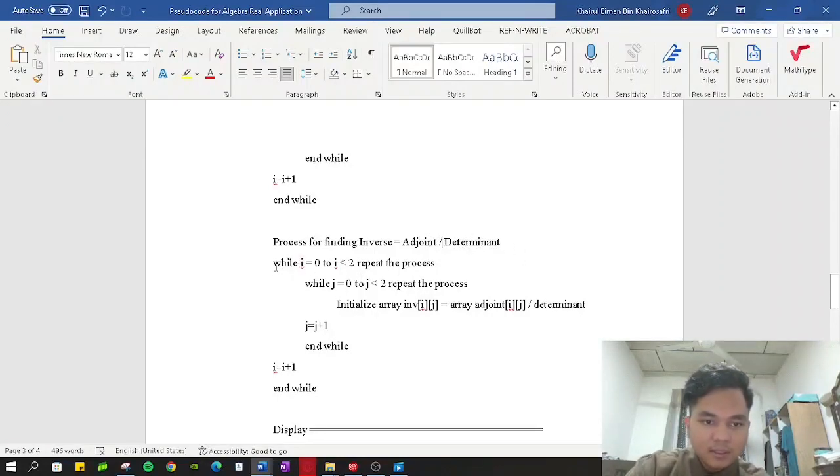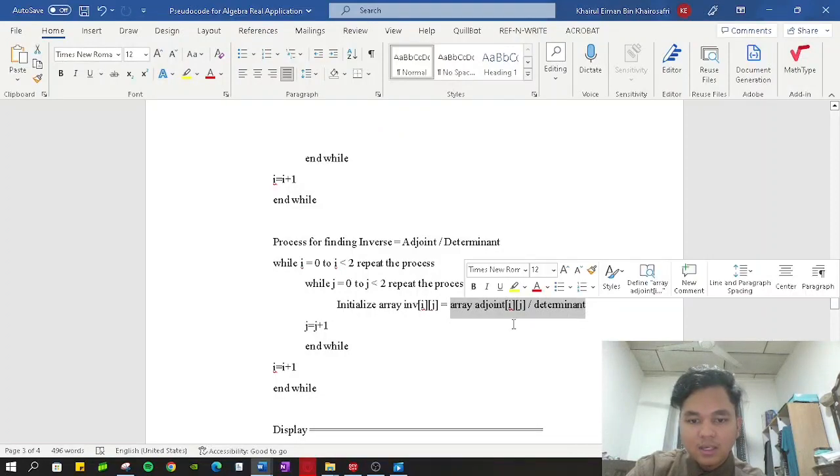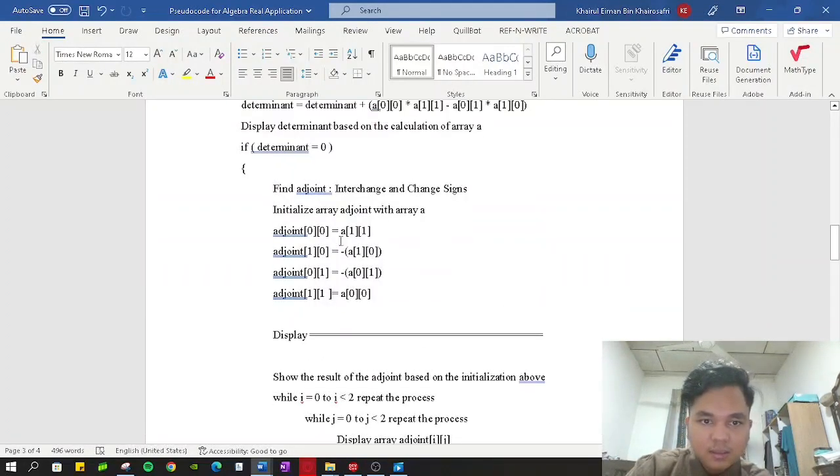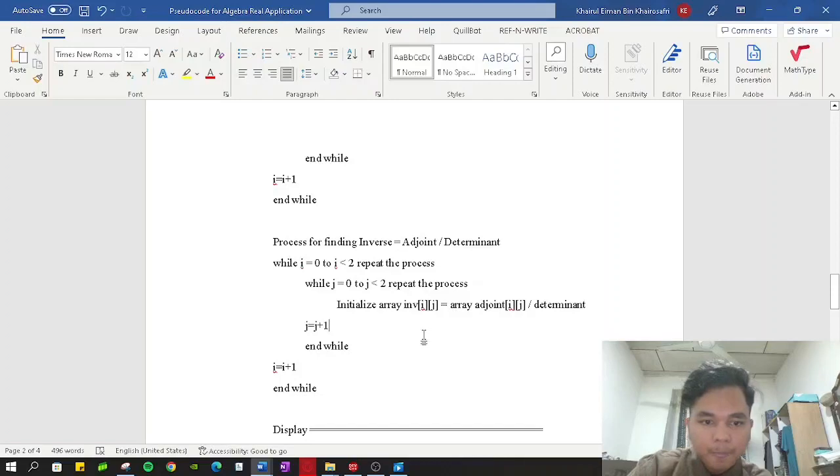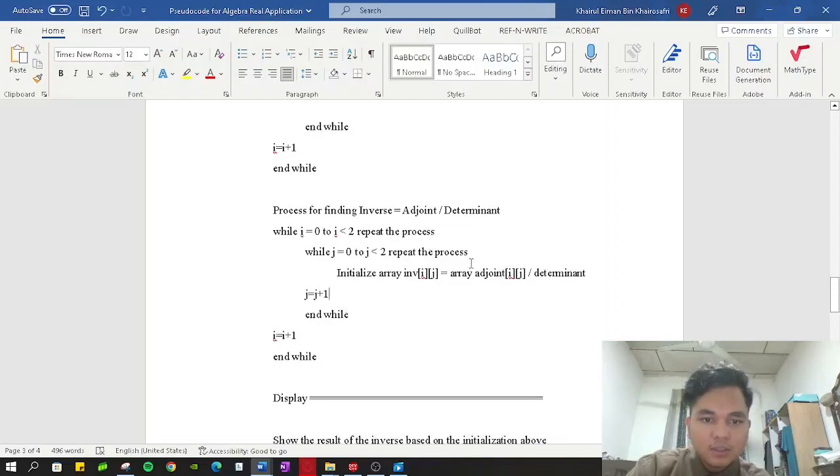So I use the same loop and I initialize array INV, which means inverse, array inverse i j equal to array adjoint divided by determinant. These two we can get from above. So this is the process to find the inverse.